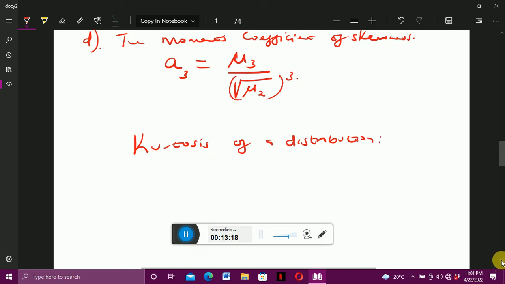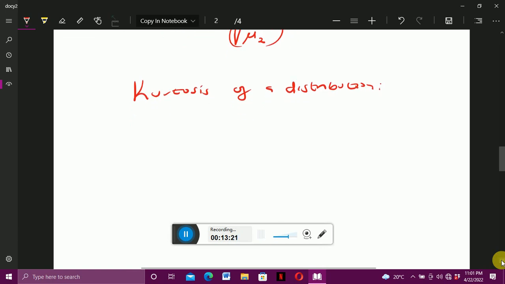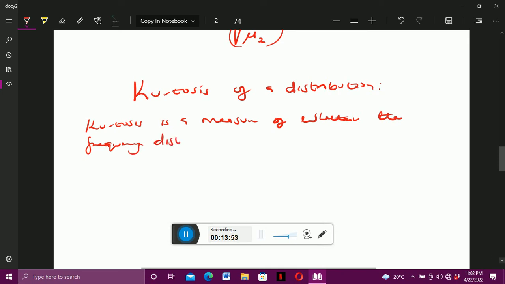We say that kurtosis is a measure of whether the frequency distribution is peaked or flat relative to the normal distribution.